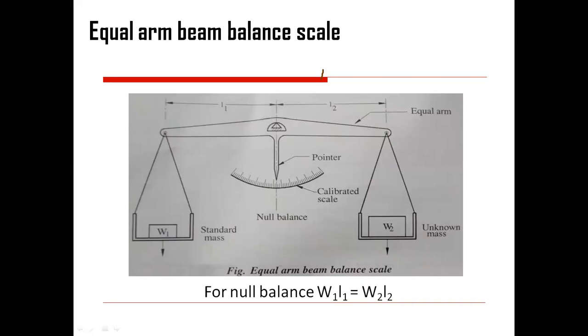Suppose W1 is 1 kg, and as you go on increasing W2, when it reaches 1 kg, this will automatically become balanced. So the force exerted on W1 and W2 will be equal.